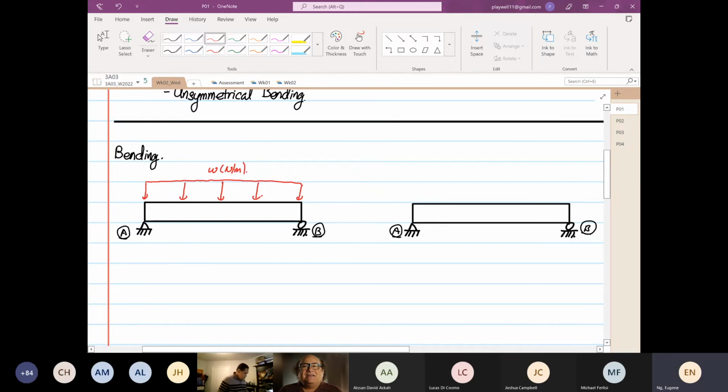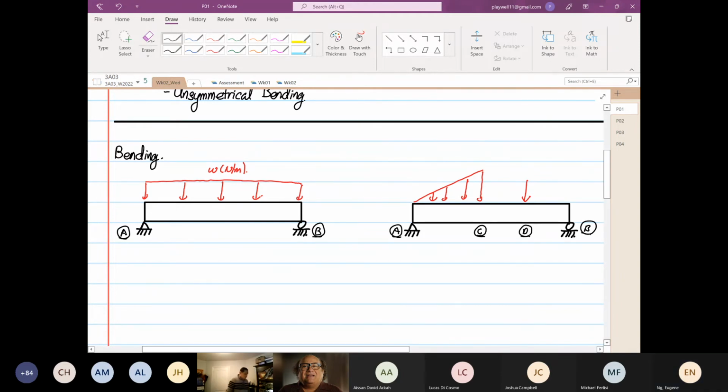And the other one, you don't have evenly distributed, you've got a gradient distributed load up to a certain point. It stops at point C, and after that you have a point load coming down at point D.